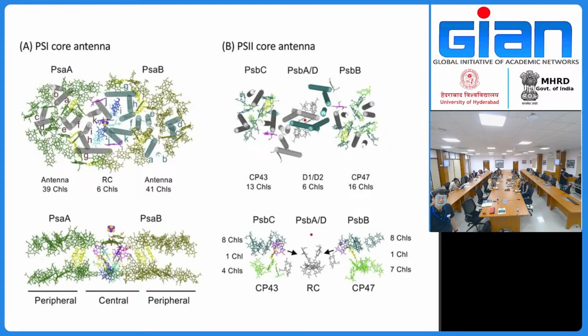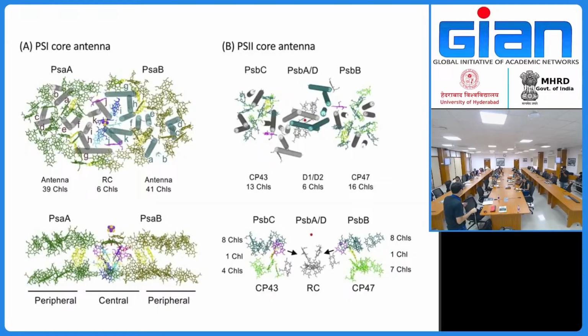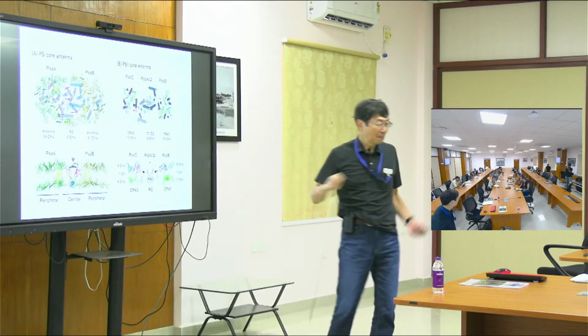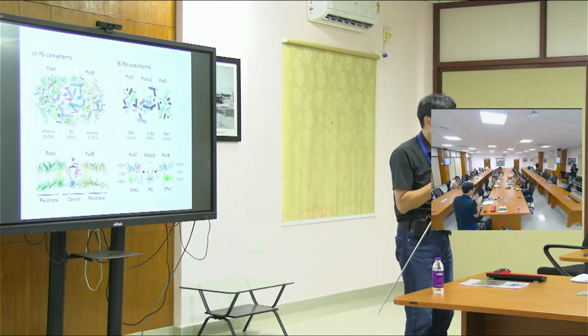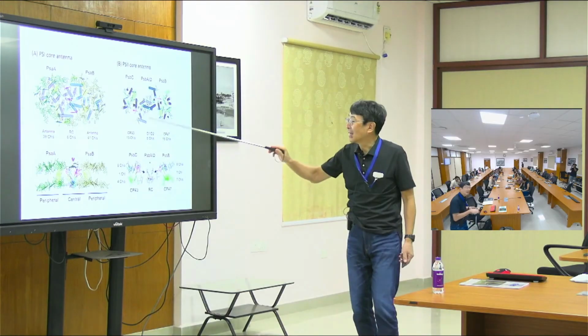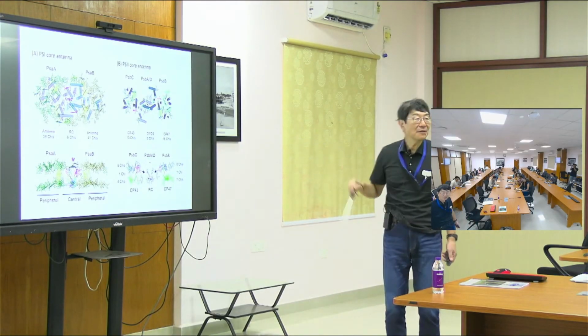So you may think that the size and also the amino acid sequence of PS2 and PS1 are very different. It's not very much conserved. But if you look at the arrangement of the transmembrane helices of PS1 and PS2, they are very similar.